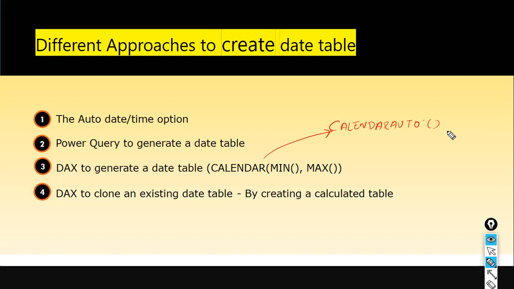Okay, now the question is, how does it find out automatically the start and end date in my model? Supposing, you see, in this case, we can use the min of order date and max of order date. But in your model, the fact table has order date and also it has shipment date, shipped date or something like that.